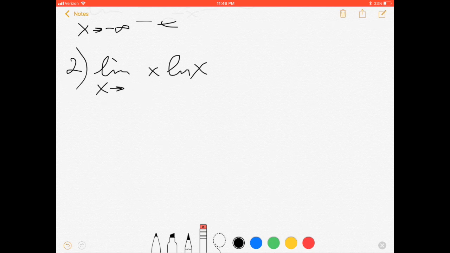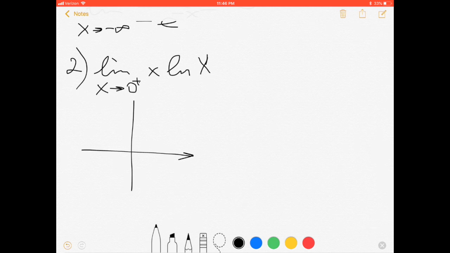Here it will be, I'm doing this one. x approaches 0, x natural log x. This one is correct. 0 plus. Here we remember the logarithmic function graph. Maybe just a moment. I'm mixed up.